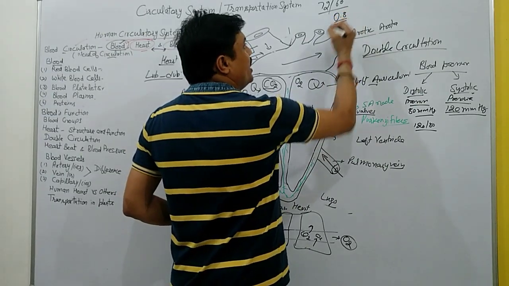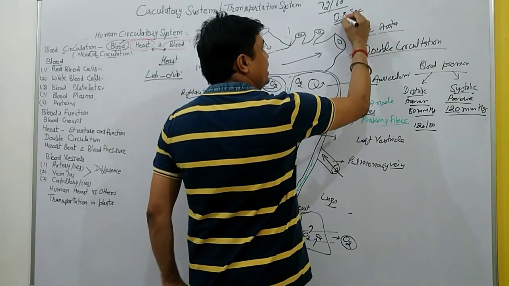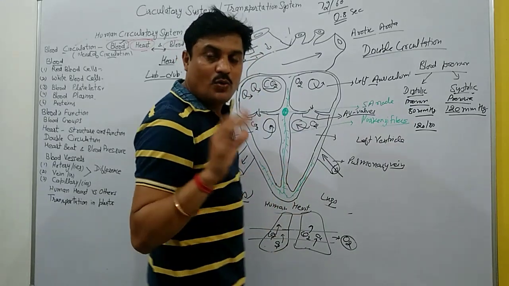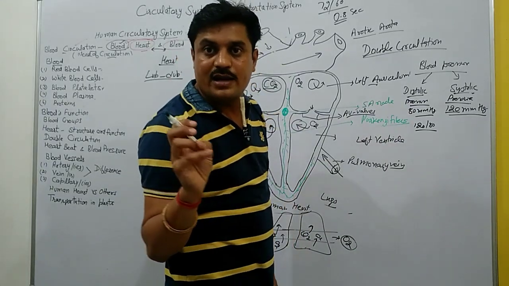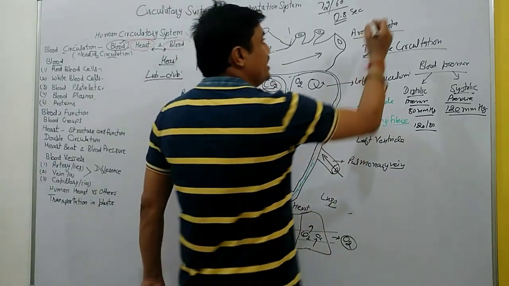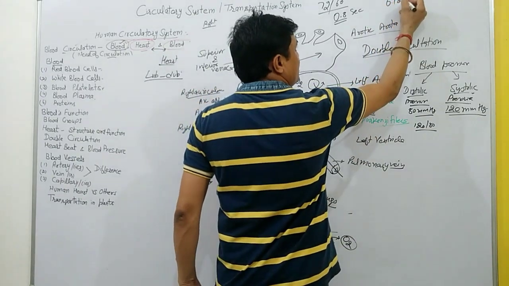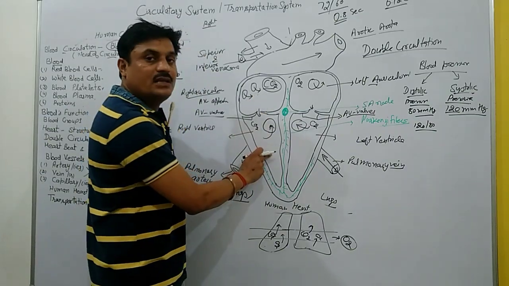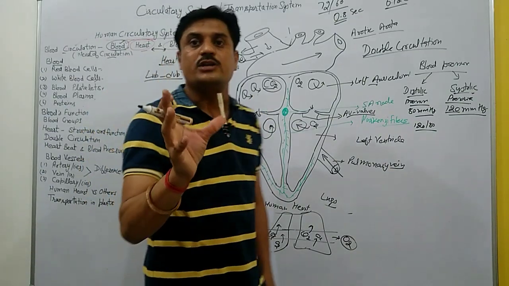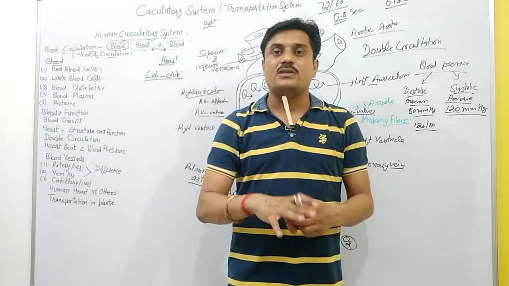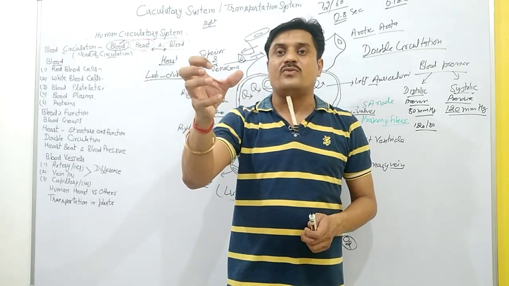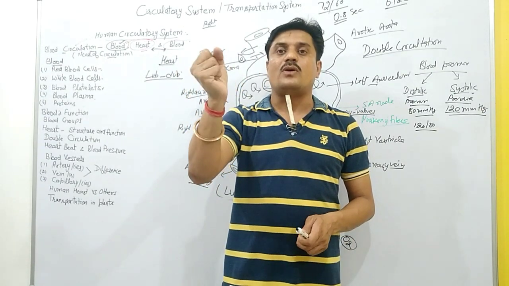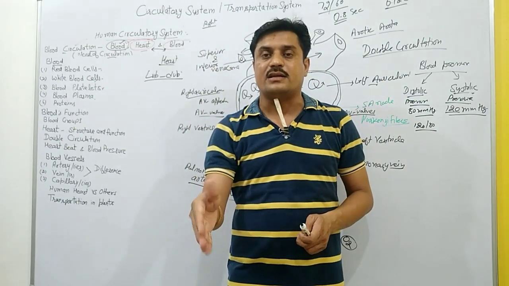In the time of 0.8 seconds, the auricle contracts and takes 0.1 second in its contraction. Because the auricles send their blood to the ventricles, they do not need much effort. So they contract for 0.1 second, and then the blood from the auricles reaches into the ventricles.